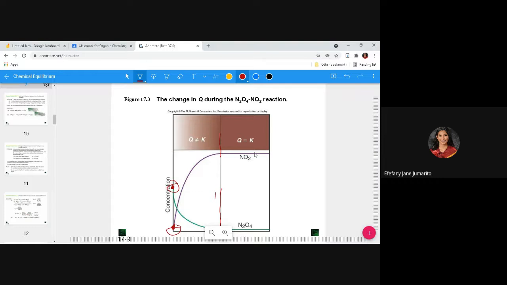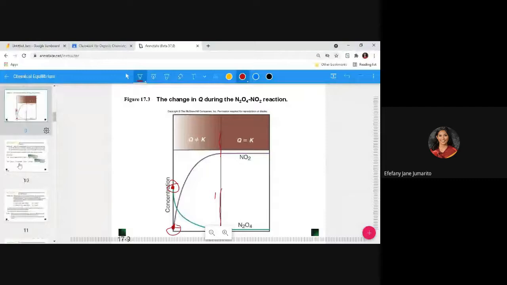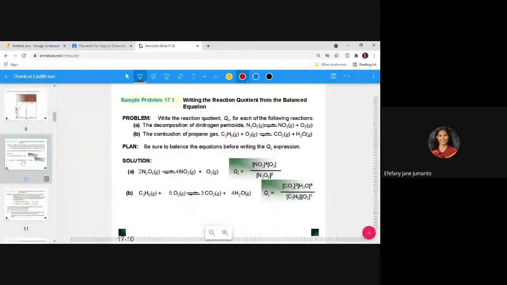So at equilibrium, it does not mean that your product and your reactant should be equal. Even if your reactant concentration is higher, it can still achieve equilibrium. Okay.